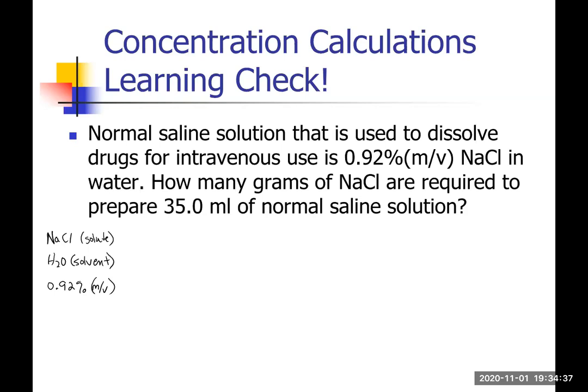They want to know how many grams of sodium, so that's our solute, we're after grams of sodium to prepare 35 mils of solution, 35 mils of this normal saline solution. So I'm going to write 35 mils of solution down here.